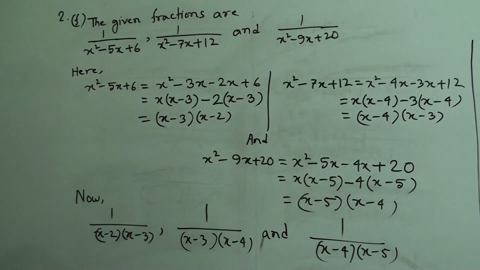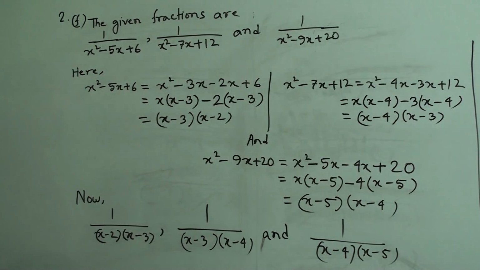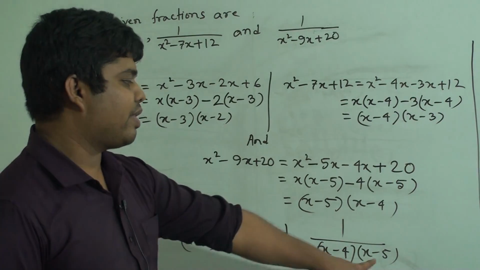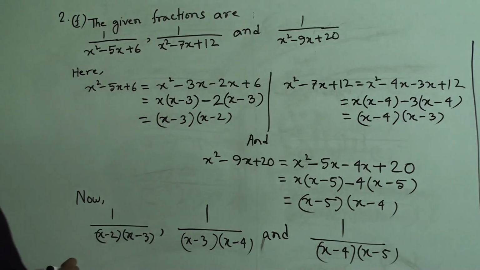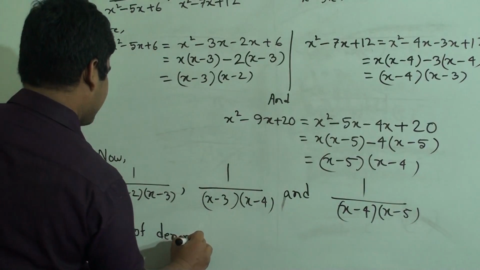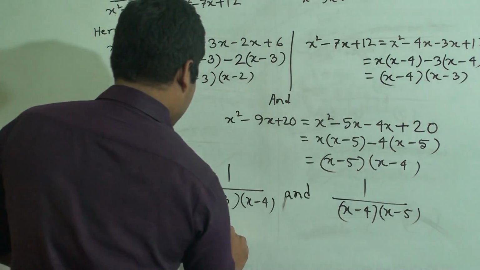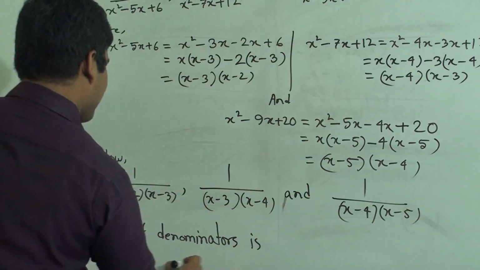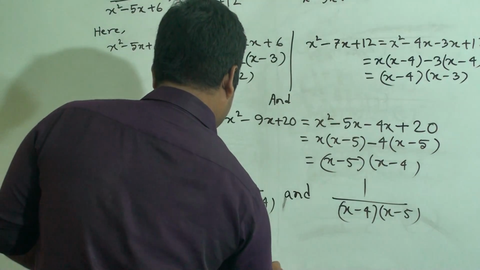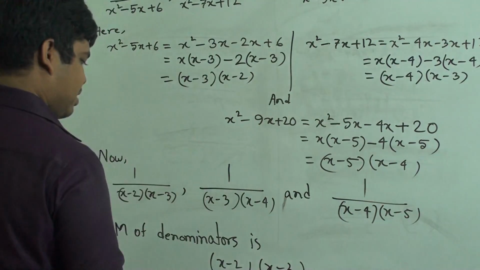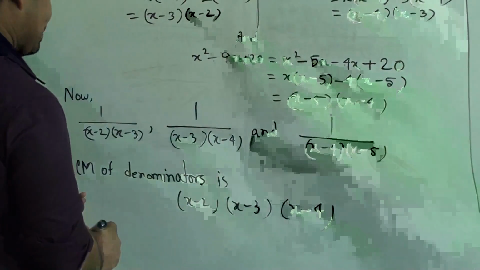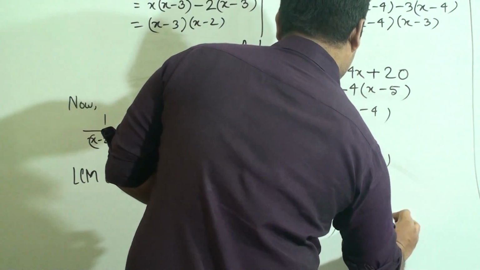Now we find out the LCM of the denominators. Here the denominators are x minus 2 x minus 3, x minus 3 x minus 4, x minus 4 x minus 5. So right here the LCM of the denominators is x minus 2, then x minus 3, then x minus 4, then x minus 5.